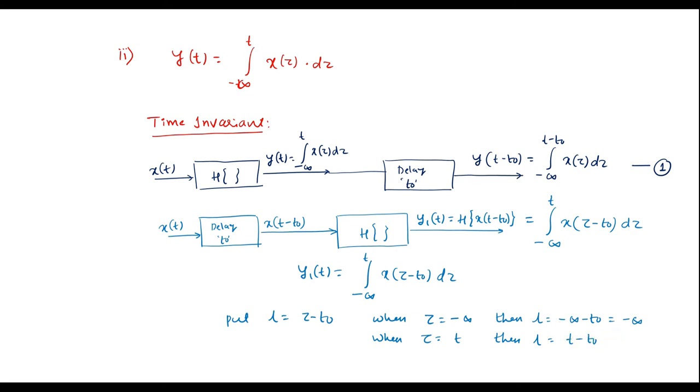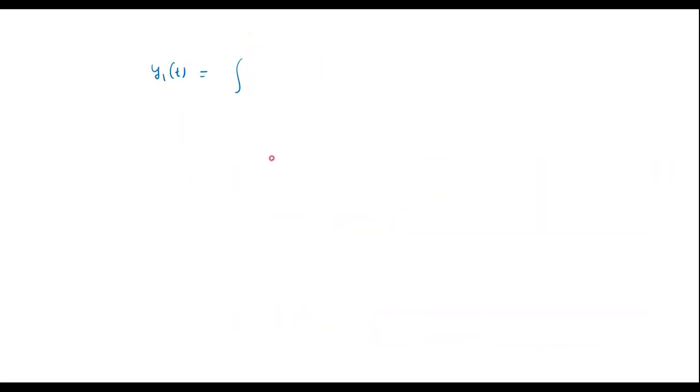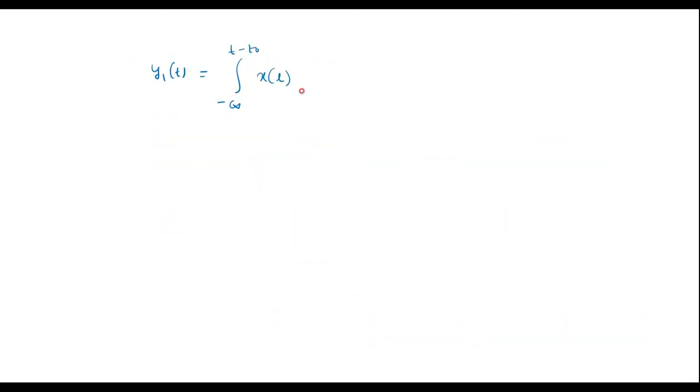Now I will rewrite y1 of t as integration with lower limit minus infinity to t minus t naught of x of L, so dL will be equal to d tau. Therefore x of tau minus t naught is nothing but x of L, and d tau is nothing but dL. I will call it equation 2.